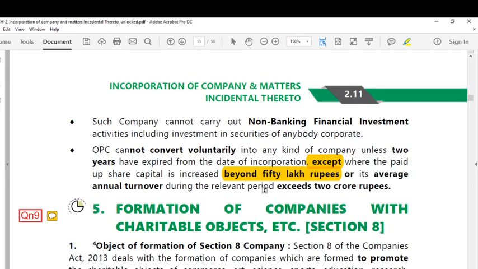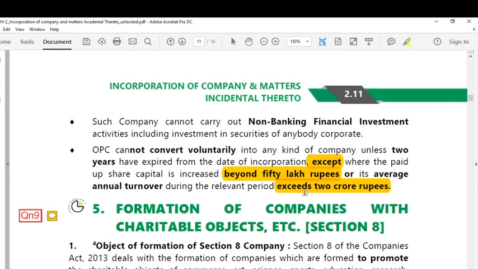Or another exemption is that if the average annual turnover during the relevant period, which means to say during the previous financial year, exceeds 2 crore rupees, then also an OPC can be converted into any kind of company within the 2 years from the date of its incorporation.